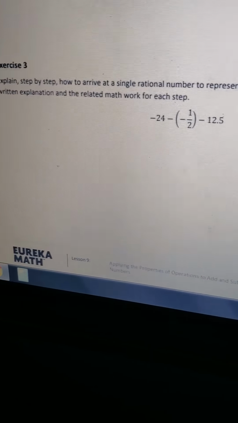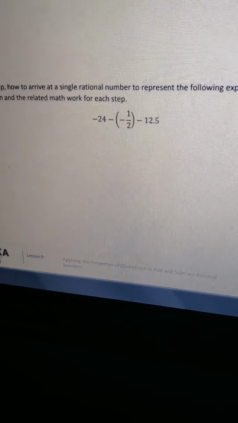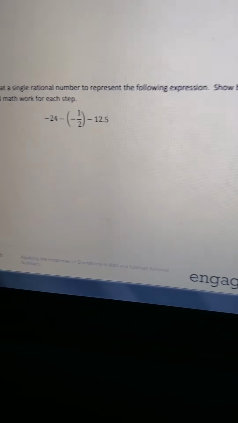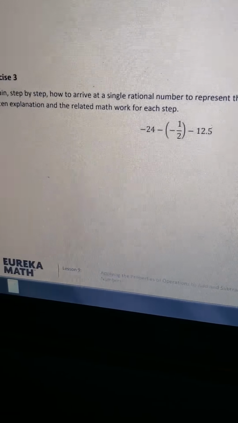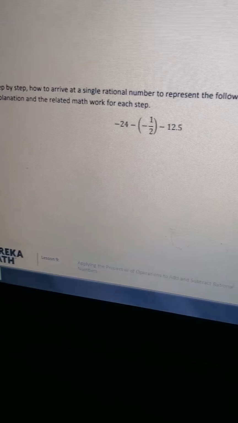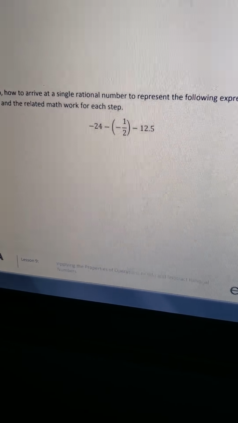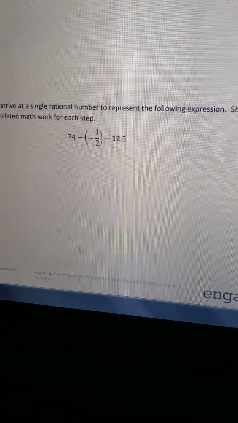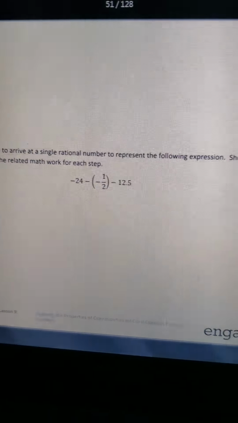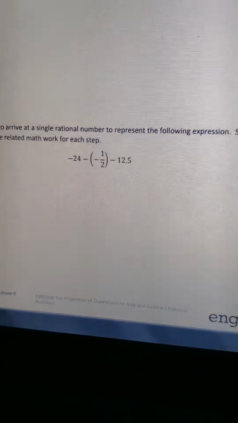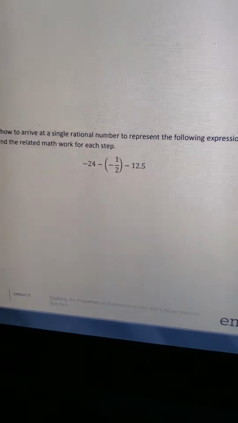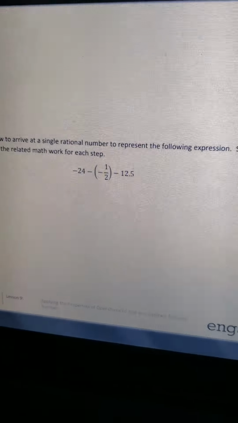So it says, explain step by step how to arrive at a single rational number to represent the following expressions. Show both a written explanation and a related math work for each step. Okay, so don't worry too much about the written explanation. Like I said, if you show your work, you should be able to get it. Now, there's a couple different options for this one.